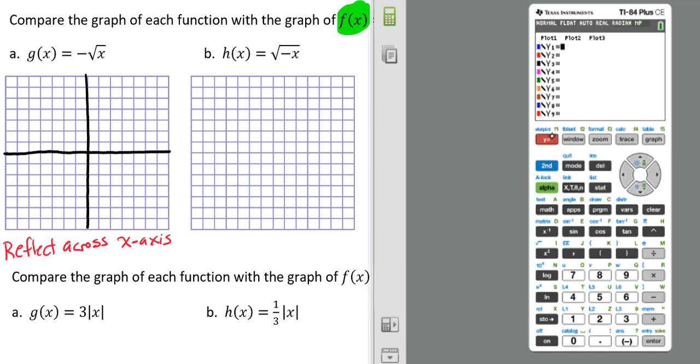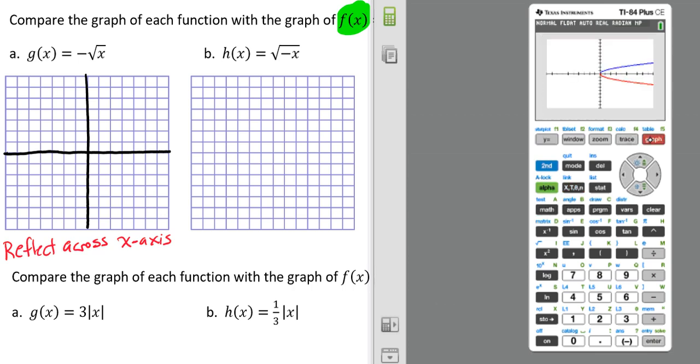So we're going to put in the square root of x. Remember, that's our parent function. And then our second function is going to be the negative square root of x. And so our blue graph will end up being our parent function, and the red graph here will be our new function, our g of x.